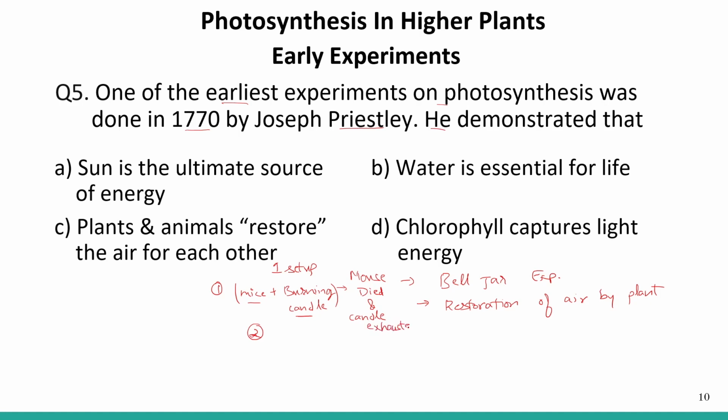So what he did, he introduced a plant along with the mouse and the burning candle. Then what he observed? When he introduced the plant, the mouse was alive and the candle was still burning.